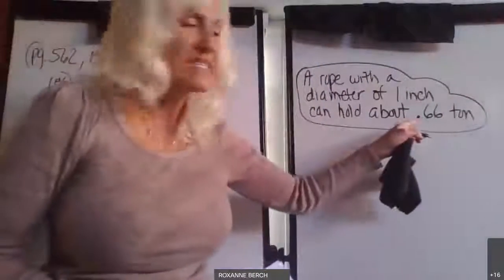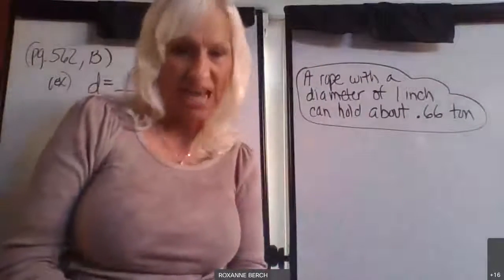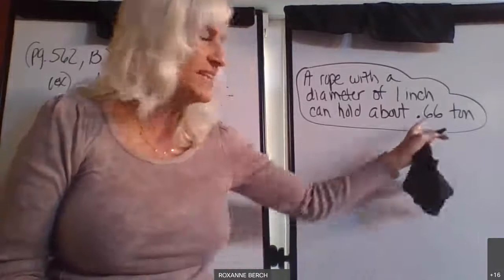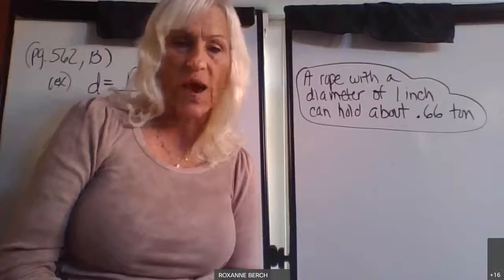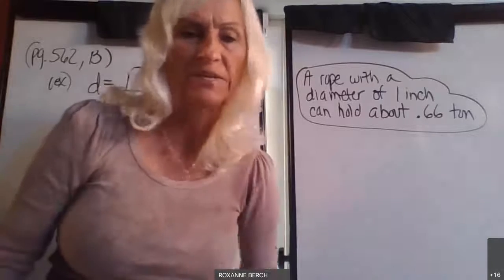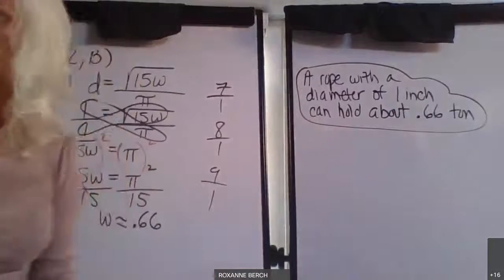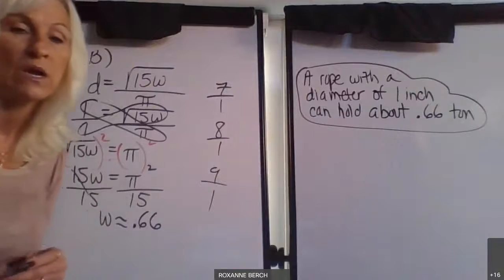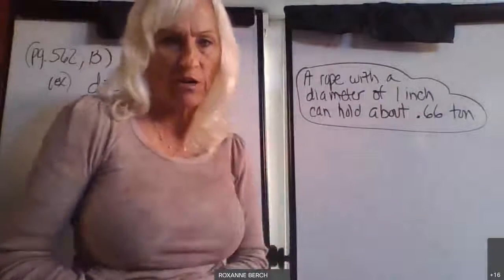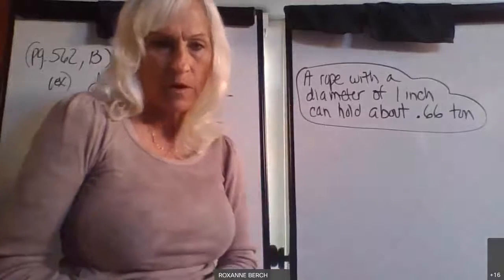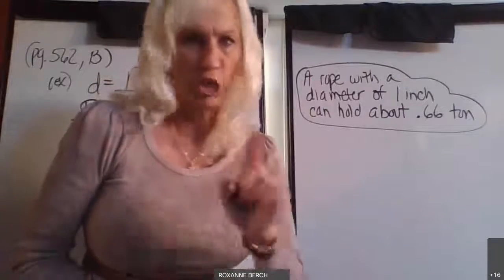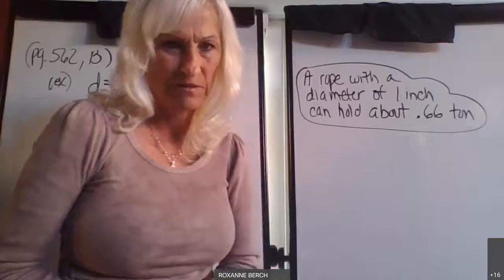So that means about 7/10 of a ton, right? So you know what that means. If you try to lift something over a ton, the rope's going to snap. So if you're going to use a rope that's 1 inch in diameter, it's like that thick, you better stay under a ton, because if you go over a ton, you're going to lose whatever you're trying to hold.